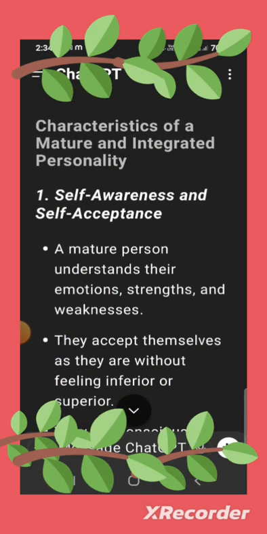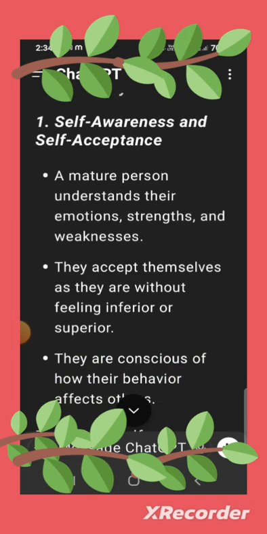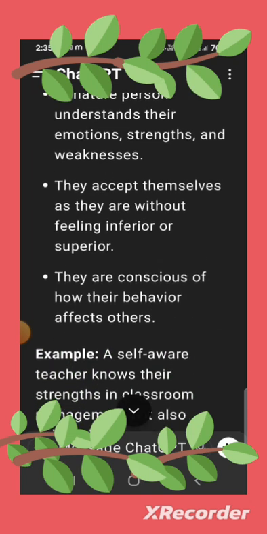Characteristics of a mature and integrated personality: Self-awareness and self-acceptance. A mature person understands their emotions, strengths, and weaknesses.